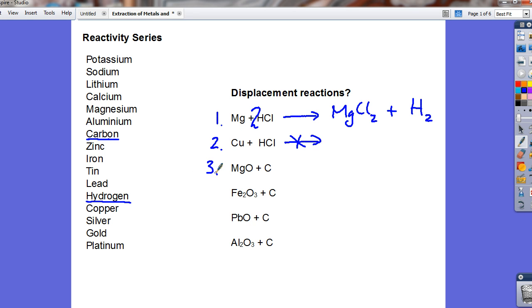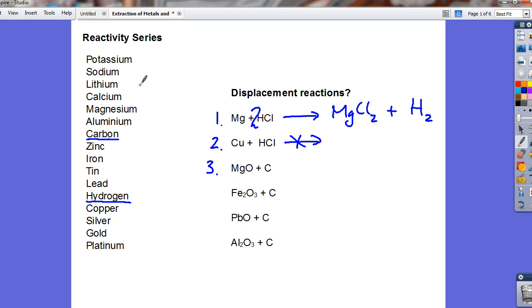using these in industry. Can we use a displacement reaction to obtain a metal from an oxide? Now, this is very important because most metals are found in the ground as oxides or ores. And so we can decide if carbon can be used to extract magnesium out of its ore. We do this again by looking at the reactivity series.